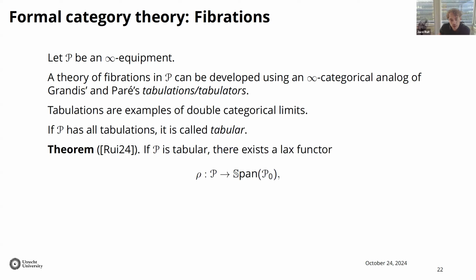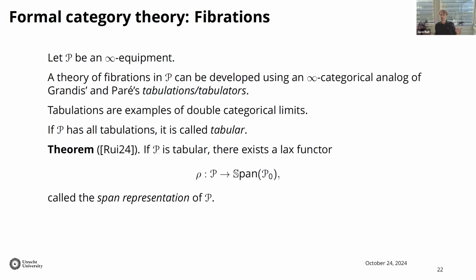So if P is tabular, then you can show that there exists a lax functor, which is called a span representation. And this is something that has been shown for double categories as well. I think Susan Niefield has written something about this, and also, if I remember correctly, Grandis and Paré also wrote something about this. But this also is true double infinity categorically, that you can write down such a lax functor.